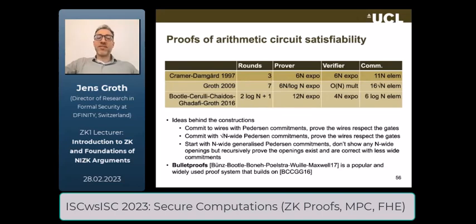Instead, you just recursively prove that those openings exist, and you keep narrowing things down a logarithmic number of steps until you can use some less wide commitments to prove things. And that recursive construction actually gave us logarithmic communication complexity. Okay, so you can prove arithmetic circuit satisfiability for a circuit that has size n gates, but the communication complexity in the Sigma protocol, or now it's a generalized multi-round Sigma protocol, would be logarithmic in n, that is log n elements.